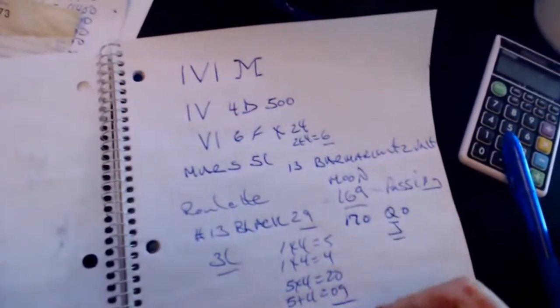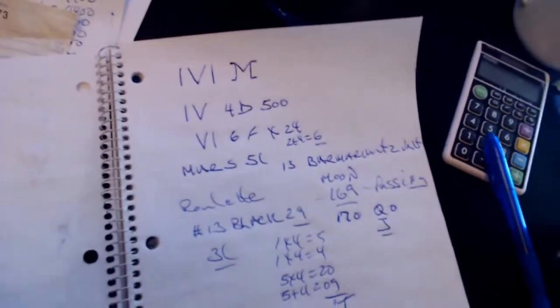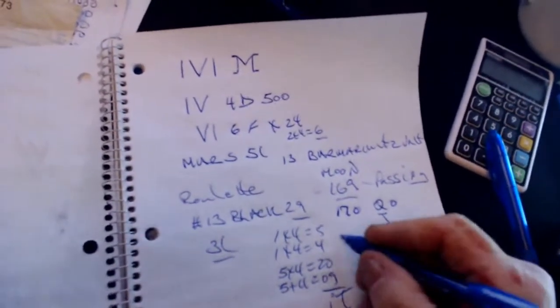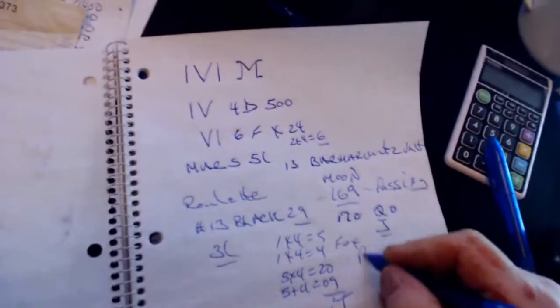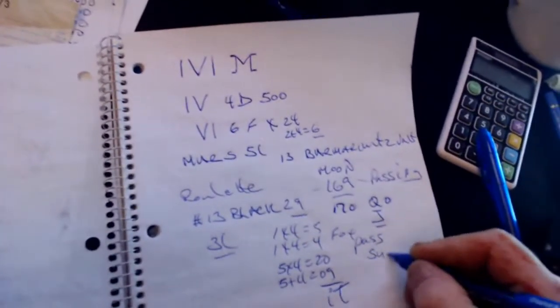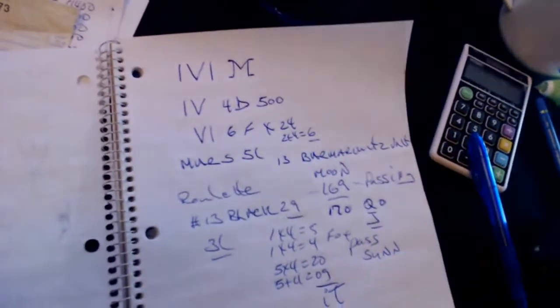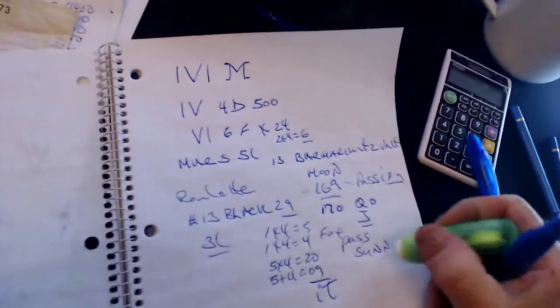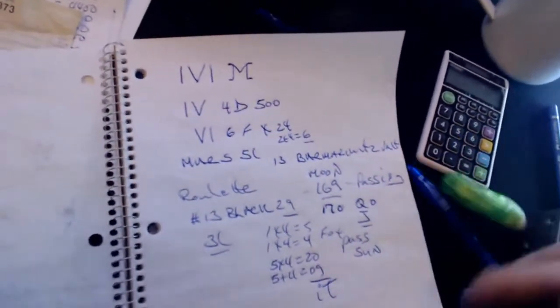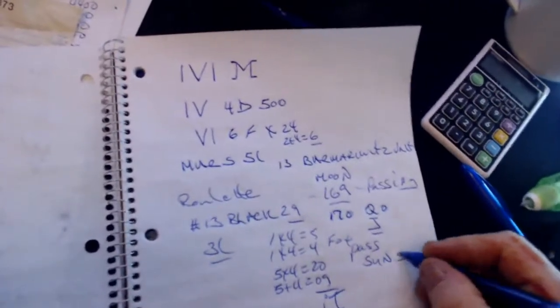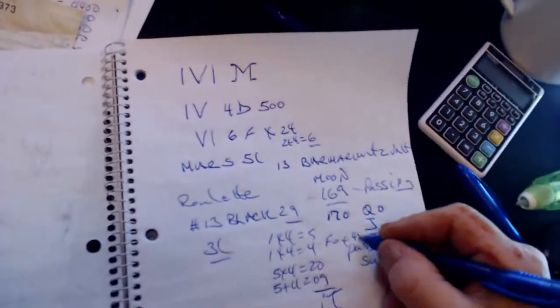and for that reason, I have the IT. I like to always call it the IT system from the fox passing the sun. And whoop, I misspelled that. One of the reasons I say that is because the numeric value to the word sun is 54 and fox is 45.